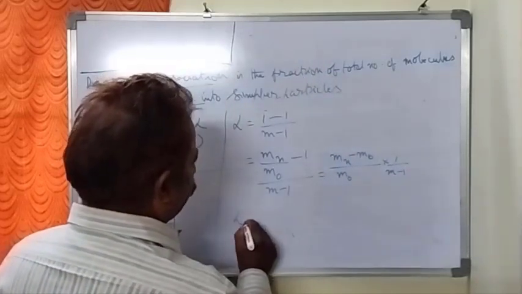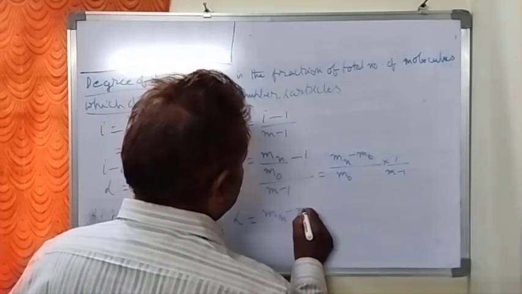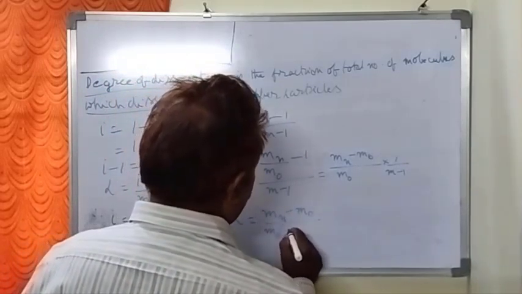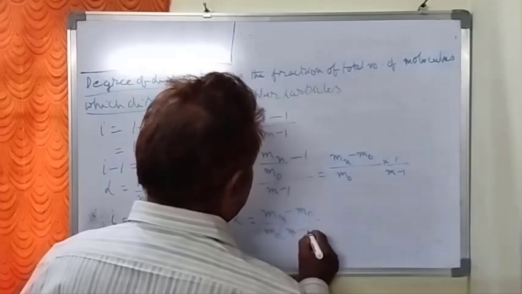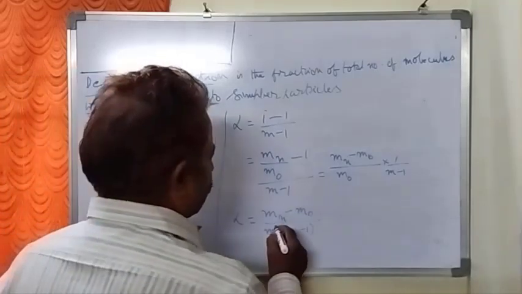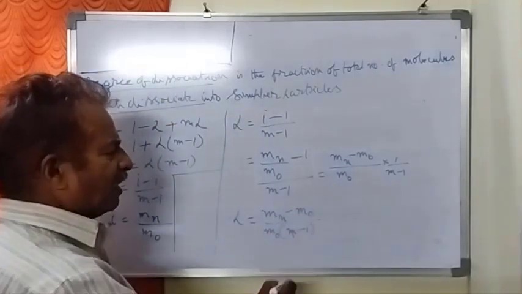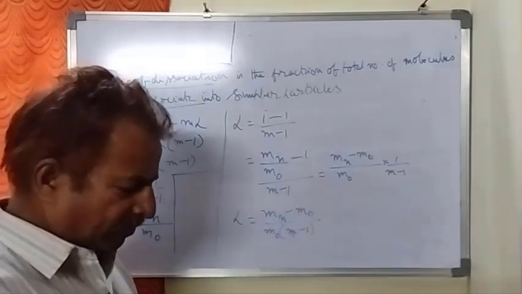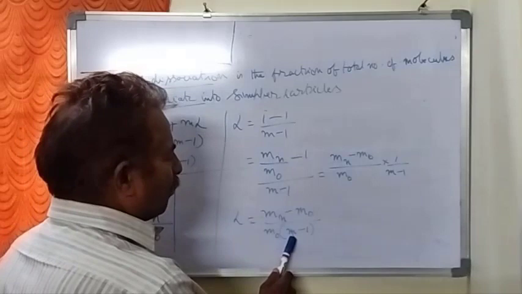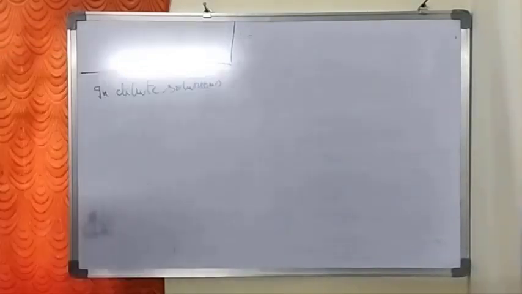Therefore, alpha equals Mn minus Mo by Mo into m minus 1. So what is Mn? Mn is the normal molar mass, Mo is the observed molar mass, and m is the number of particles. In this m we can replace it by n in order to avoid confusion.